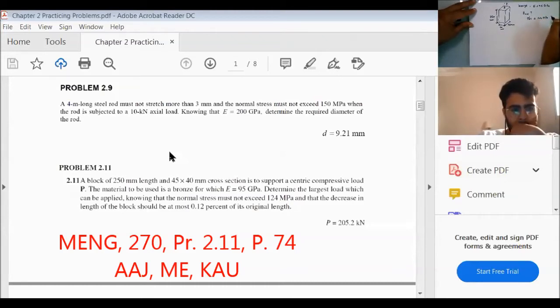Okay, and the decrease in length of the block should be at most 0.12% of the original length. Now we have two design criteria.